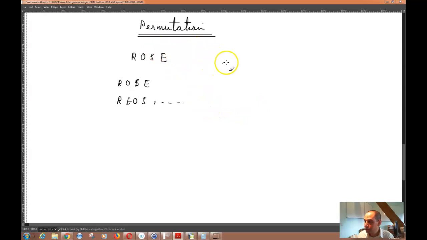So we have these 4-letter words, and since I have 4 letters here, to fill this placeholder I have 4 ways of filling it, which is basically 1, 2, 3, and 4 letters.